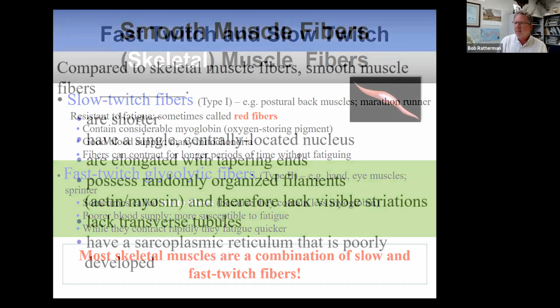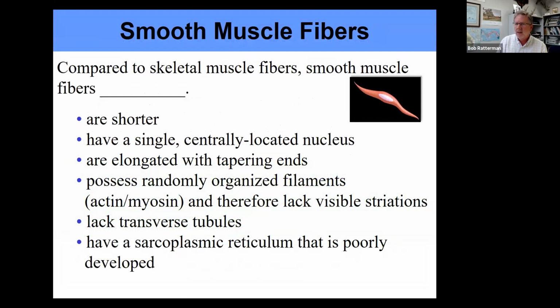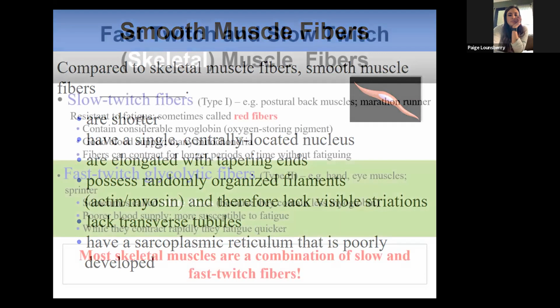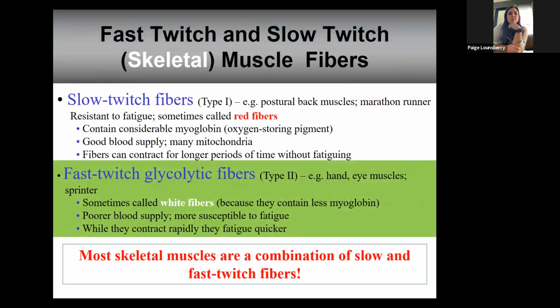Anyway, I have a quick question on that. Can we influence which type of fibers we have more of by the type of training we do? Say I was a sprinter in high school for track, and as an adult I decided to start running marathons. Would my body develop more red fibers, or am I just genetically predisposed one way or the other?